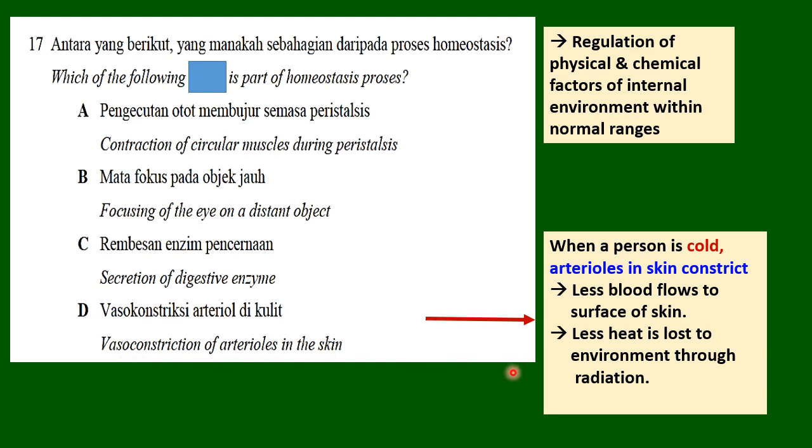Less blood flows to the surface of the skin and less heat is lost to the environment through radiation. It conserves heat, so that the temperature of the person will not drop so much. So this is a homeostatic process to regulate body temperature. So D is the answer.